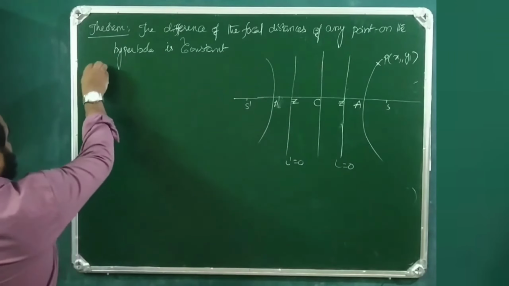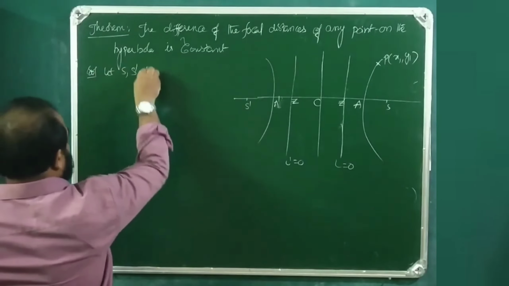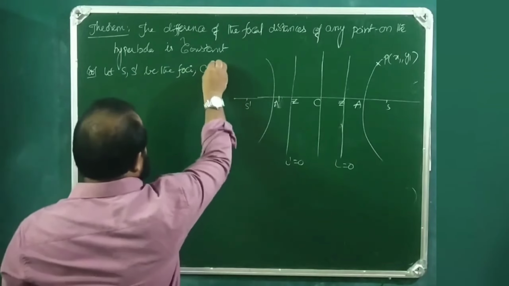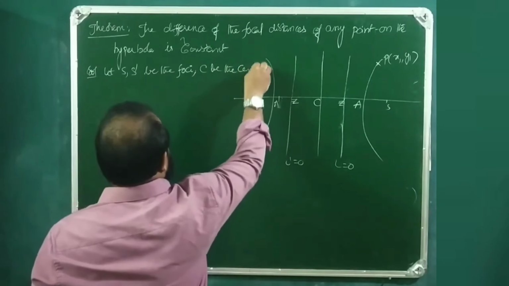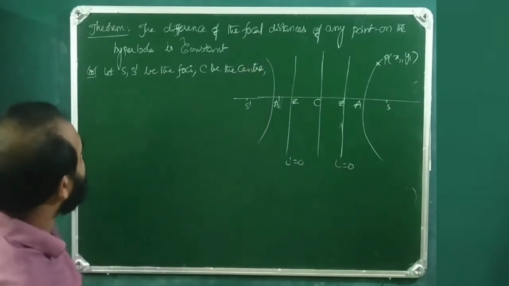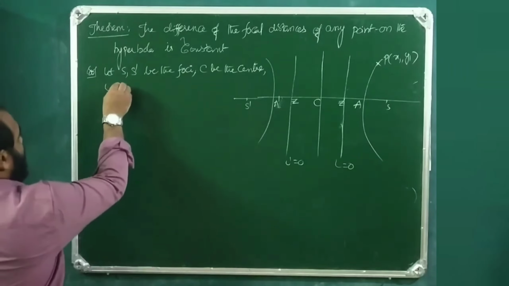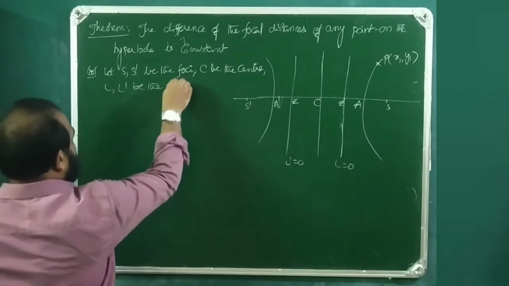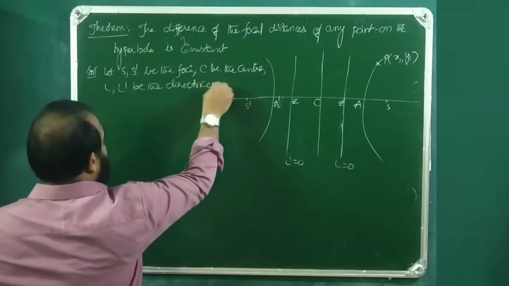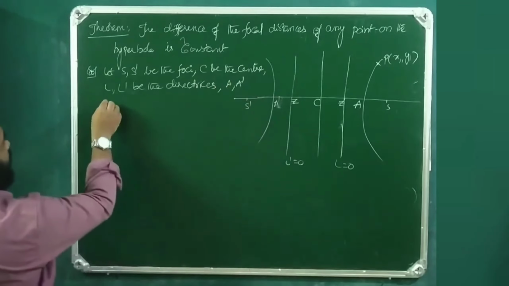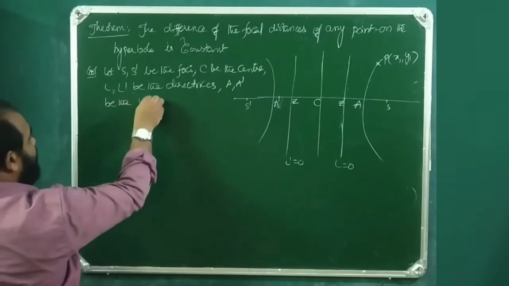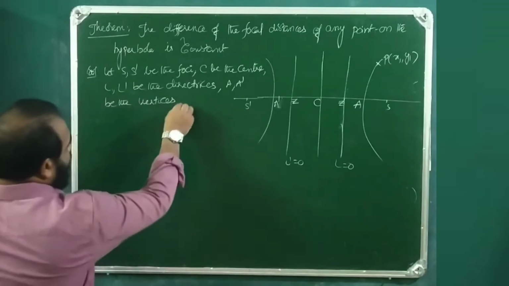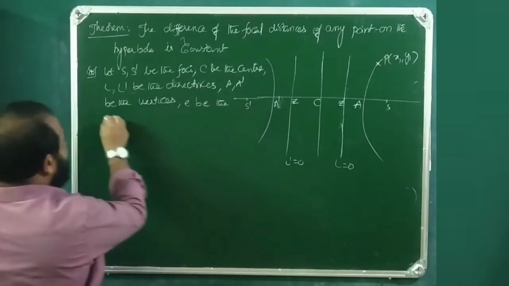So let S and S dash be the foci, C be the center, L and L dash be the directrices, A and A dash be the vertices, e be the eccentricity.